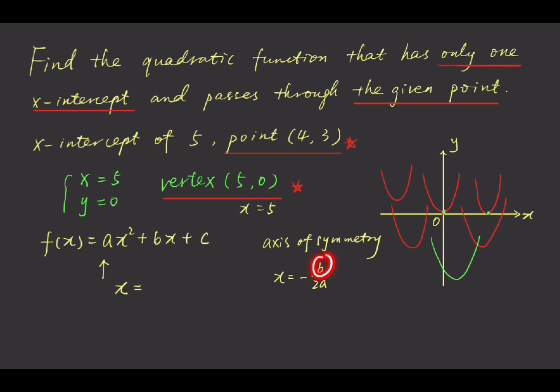Here b is this one, a is this one. So we get negative b over 2a equals 5.